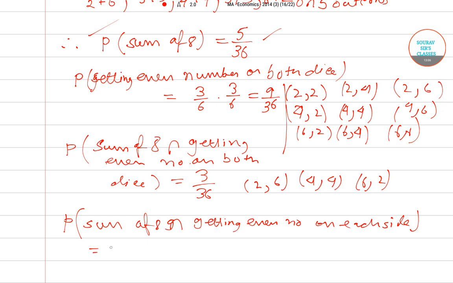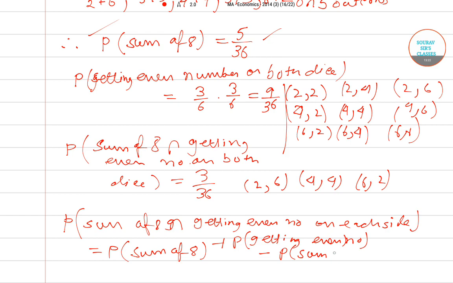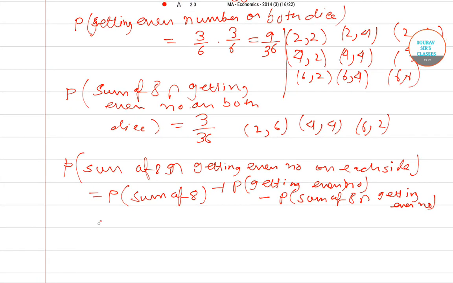This is equal to probability of sum of 8 plus probability of getting even number minus probability of sum of 8 intersection getting even number. So from here we can find the value to be equal to 5 by 36 plus 9 by 36 minus 3 by 36. Now if you solve it, you will get the value to be equal to 11 by 36.